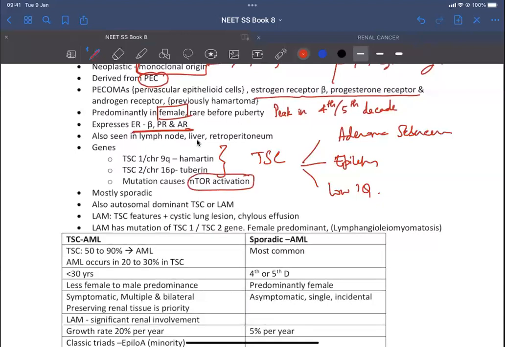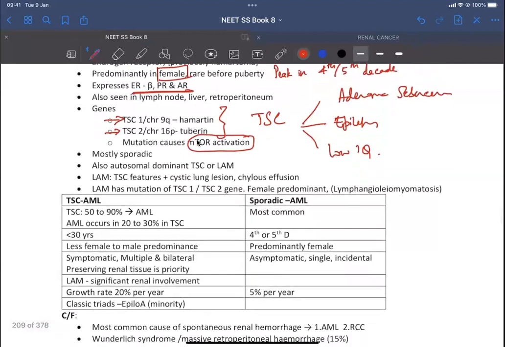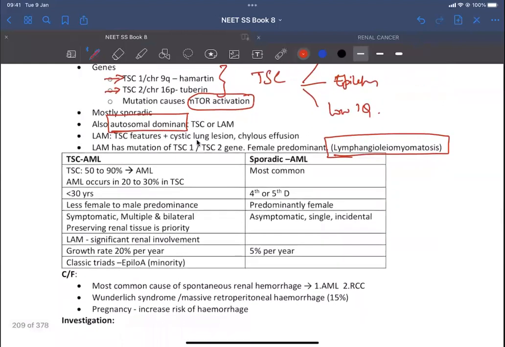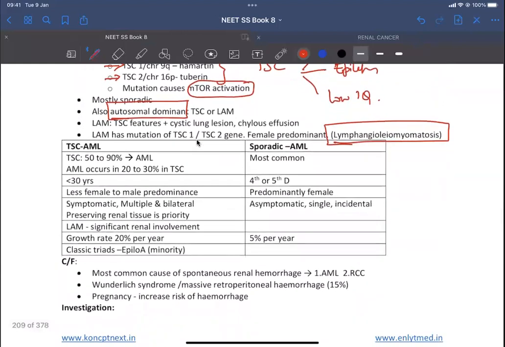Yes, tuberous sclerosis 1 and 2, chromosome 9, chromosome 16 for you to remember, and it's autosomal dominant. Again, lymphangioleiomyomatosis is another genetic disorder, which also has a mutation in the TSC1 and 2 gene, but doesn't necessarily present like tuberous sclerosis.